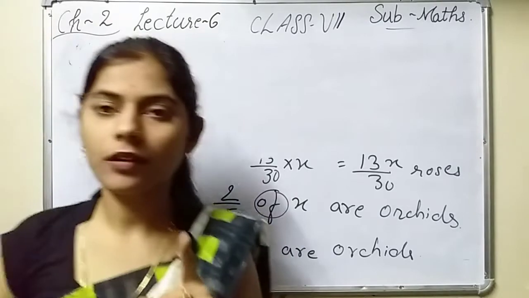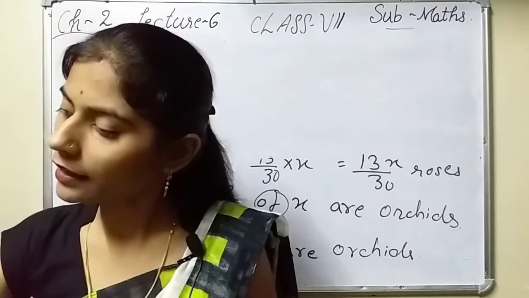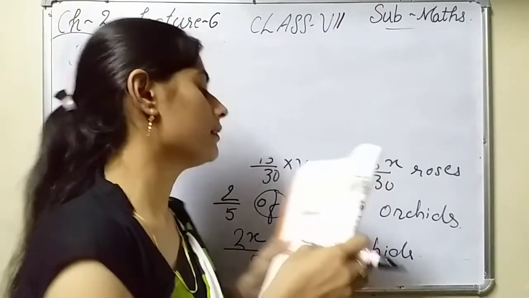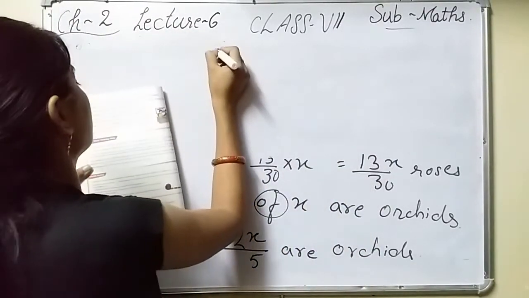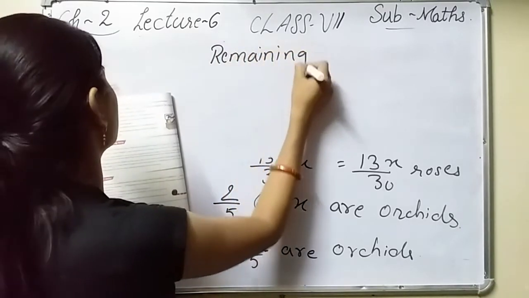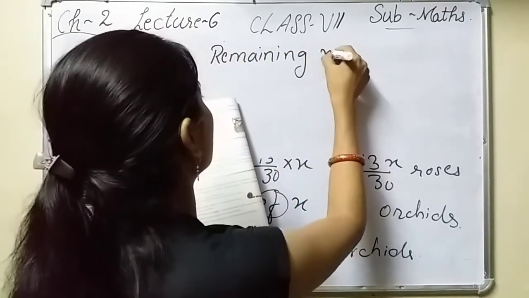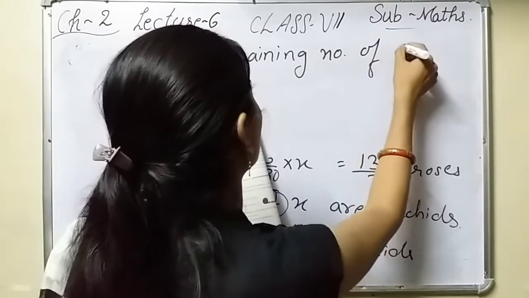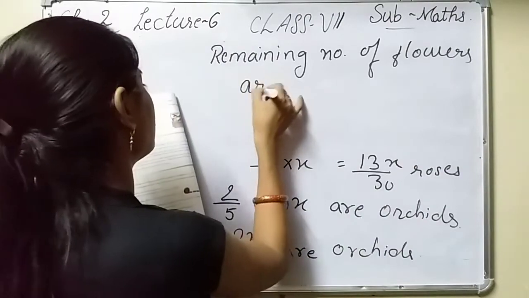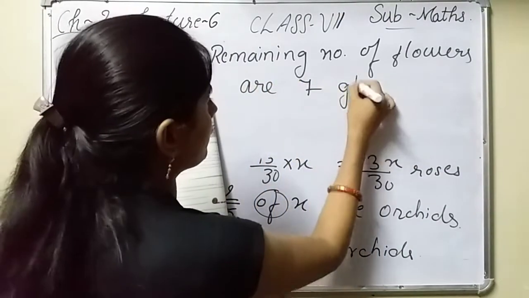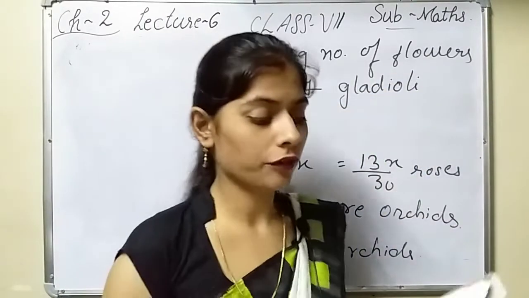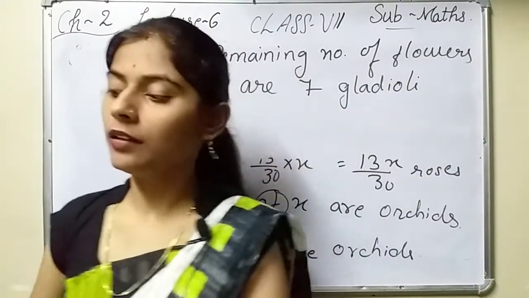And the remaining flowers are gladioli, which were given as 7. Now see what we have to find: how many flowers are there in a bucket.